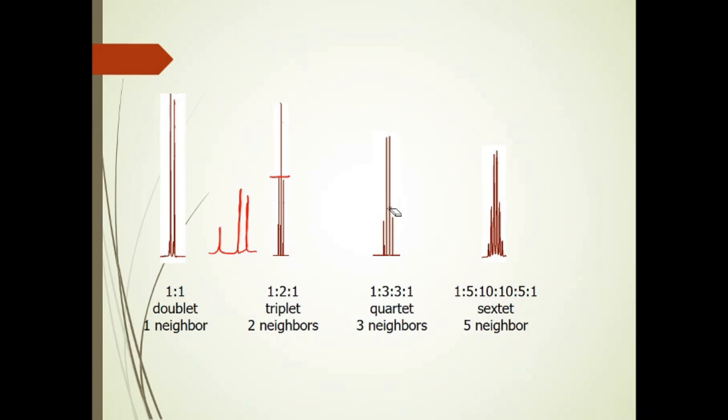Or with the quartet, the two outer peaks are roughly a third the size of the two inner peaks. There's a regular pattern. And again, for this peak, we do not have that. This peak is significantly shorter, but this one is significantly taller. We don't have that symmetry. And so that's a second reason this would not constitute a triplet.